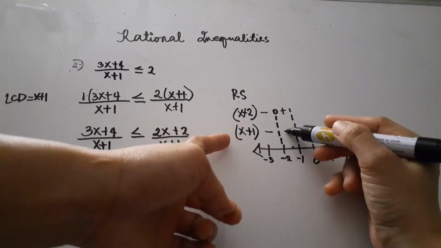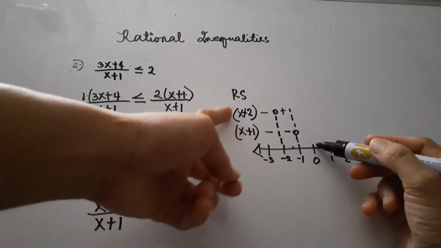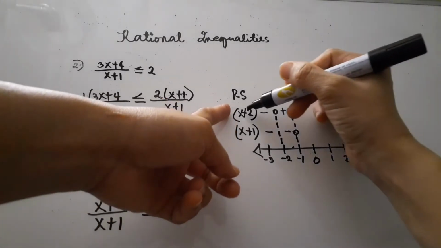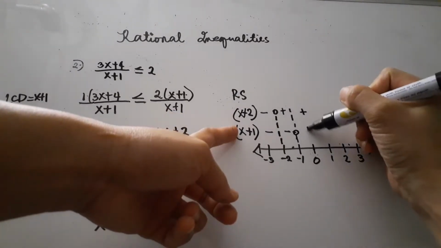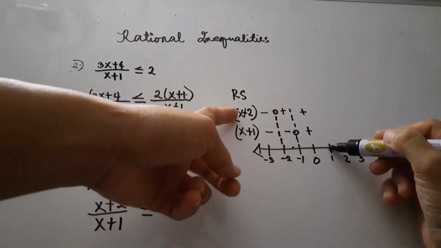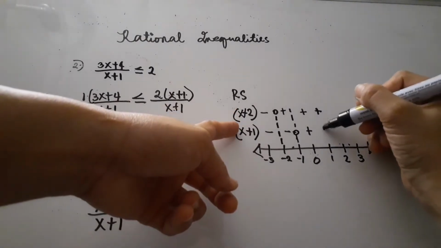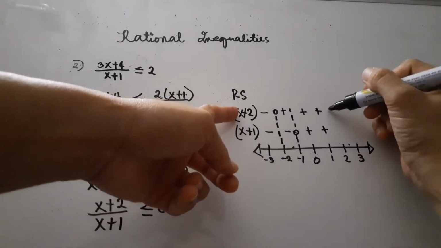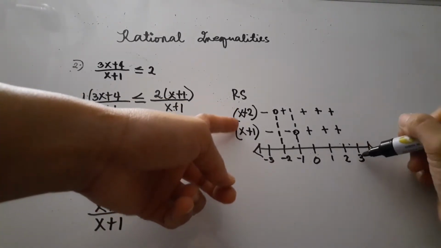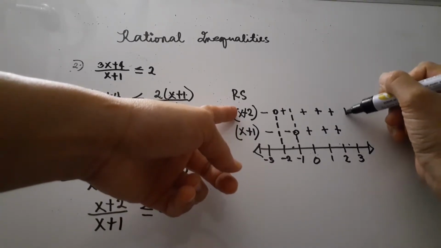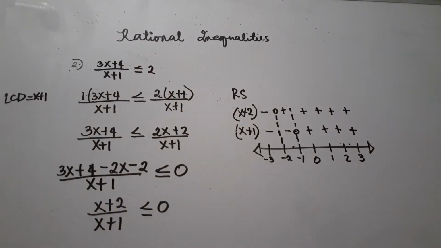So negative 1.5 plus 2 is positive, and this one is negative, since negative 1.5 plus 1 is negative. And then we have 1, all here is positive. If the value of x here is positive, so all here is positive.